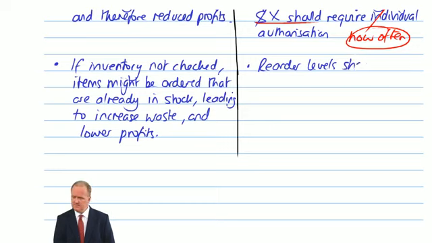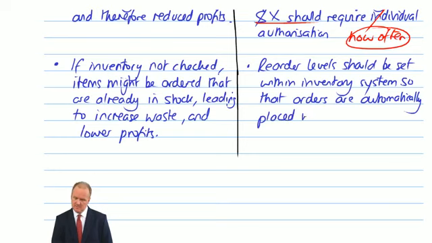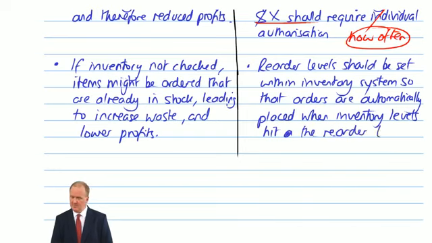Reorder levels. Remember studying that on another paper? Should be set, I think it's on F9, isn't it? Should be set within the inventory system so that orders are automatically placed when inventory levels hit the reorder level.